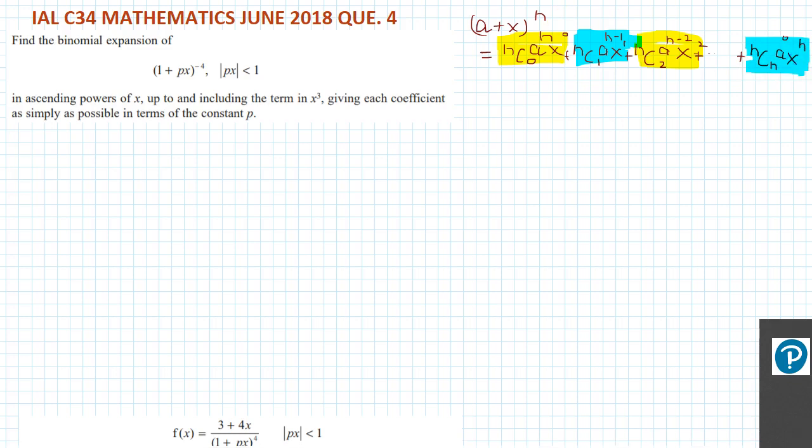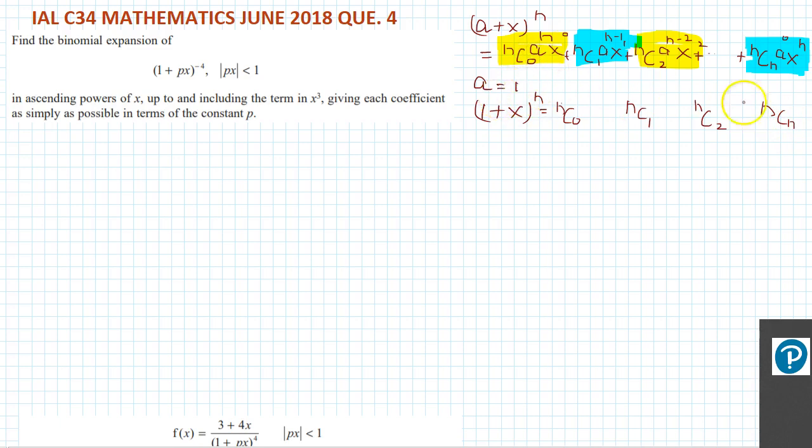Now in this question, if a is equal to 1, so we have (1 + x)^n, that is nC0, nC1, nC2, up to nCn.